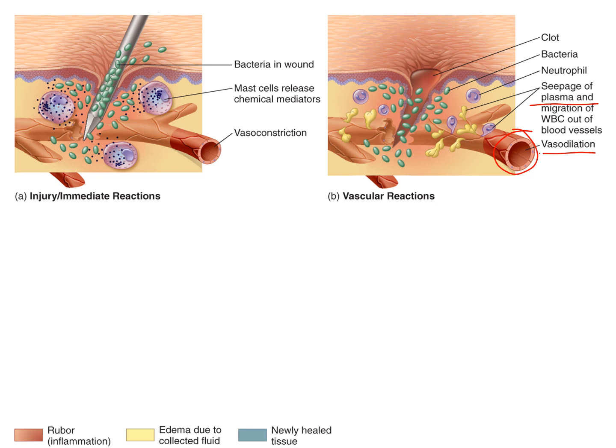So vasodilation and increased permeability mean that you are going to get more blood to the area and the plasma is going to be able to leak out, and that is that yellow stuff that is leaking out. So histamine release is going to be triggered by tissue damage, and it's going to stimulate the blood vessels to dilate, to bring more blood to the area and to become more leaky, increase the permeability so the plasma can leak out.